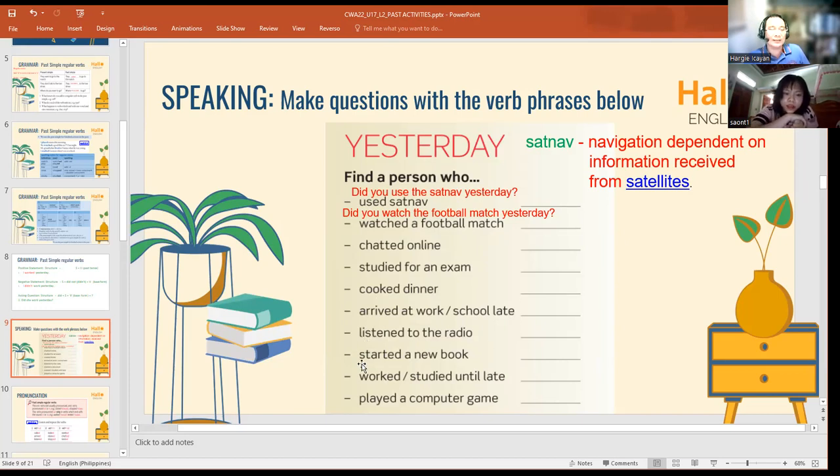Correct. Did he start a new book yesterday? Did they work or study until late yesterday? Correct. Did they play a computer game yesterday? Very good, good job.